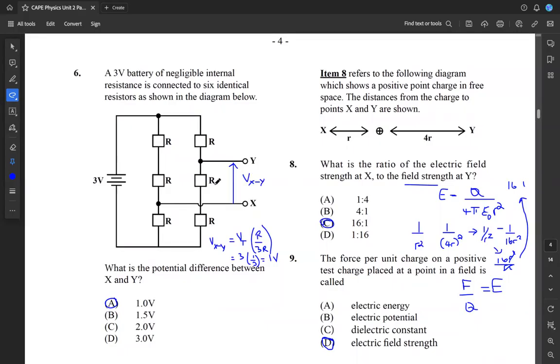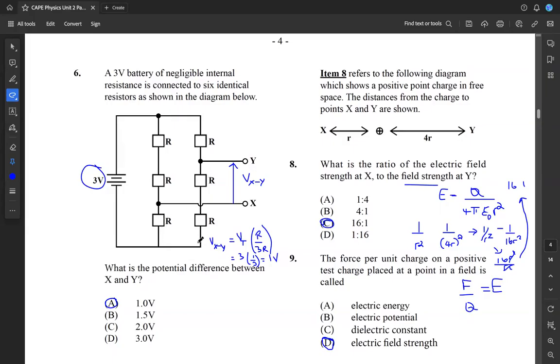Essentially, you can think of this as a potential divider. For potential dividers, we can find the potential difference across any points by multiplying the total voltage coming in by the resistance of the load across those points divided by the total resistance in that arm.